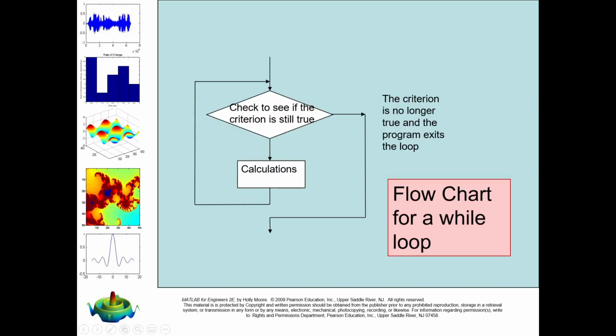Okay, so if we look at the flow chart of a while loop here, the top one is the start. So when you start the while loop, the condition is whatever is inside this diamond flow chart shape here.